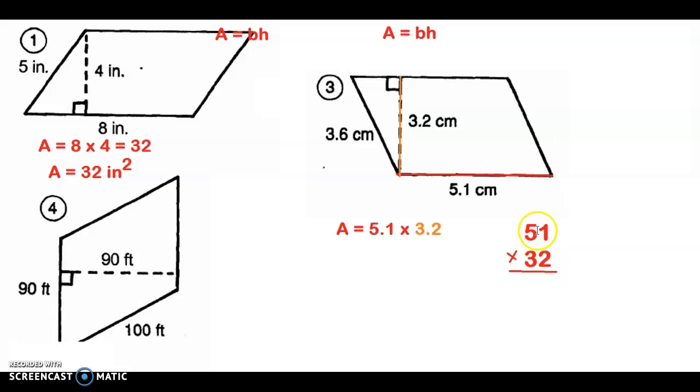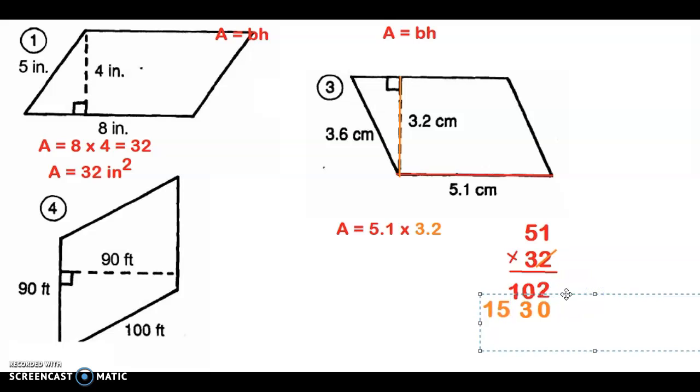So what I do first is 2 times 1 equals 2. 2 times 5 equals 10. I'm done with that first number, so I'm going to cross them out. You don't really have to. But when I do that, I add my placeholder here. And now I have 3 times 1 equals 3, and 3 times 5 equals 15.